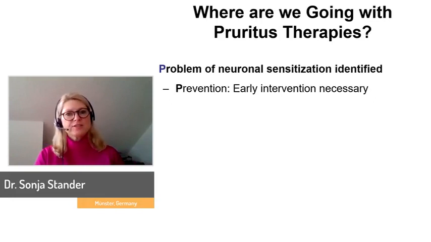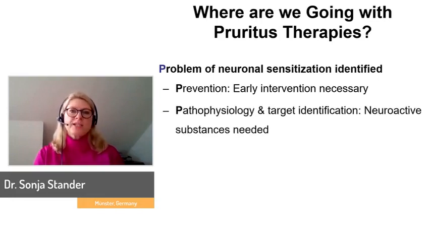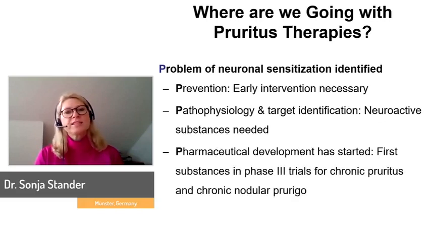So when the patients start to itch, we have to offer early a treatment to really hinder the nerve fibers to generate the itch every day and to become sensitized. The pathophysiology we understand better, and there are already some targets identified, so that the pharmaceutical development is currently in progress. And this is a very fortunate situation for our patients.